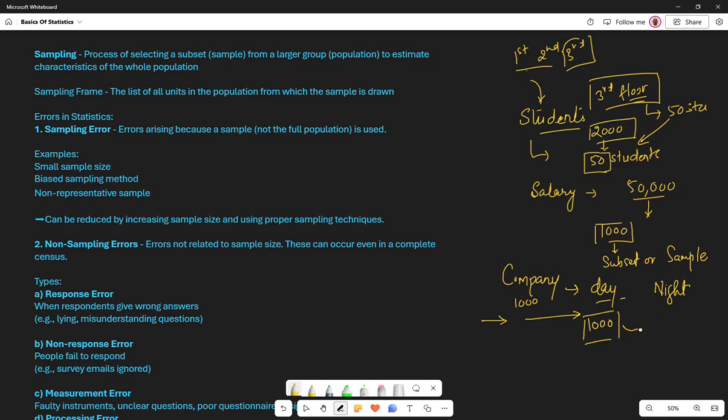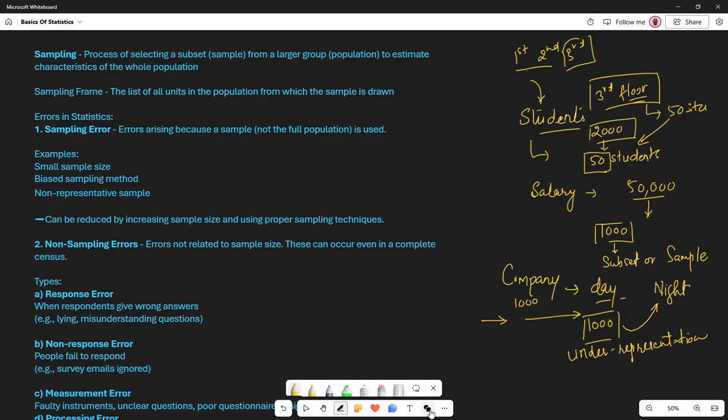Why? Because there are some employees who work the night shift and will not be found during the day shift. So this is underestimation or underrepresentation of the population. There could be a problem in the list that you select for the sampling frame, so we need to take care of these problems while taking a sampling frame to get a sample from it.